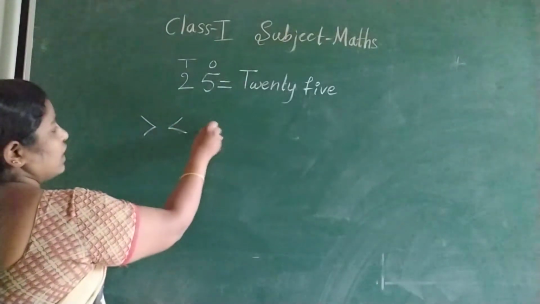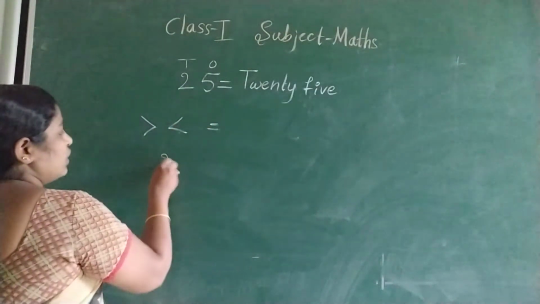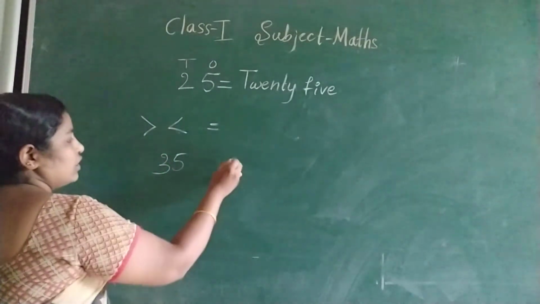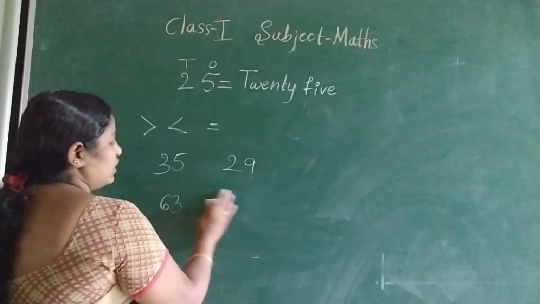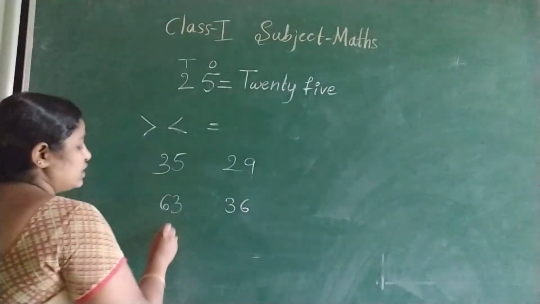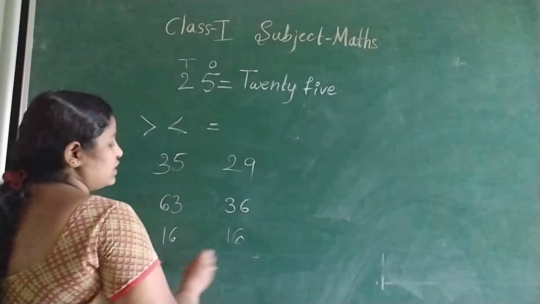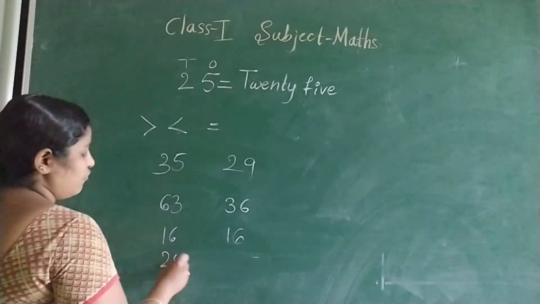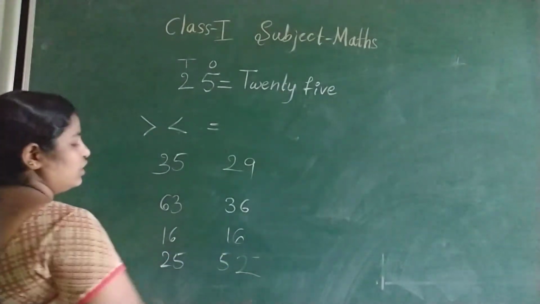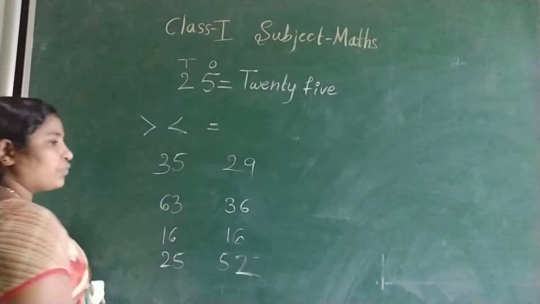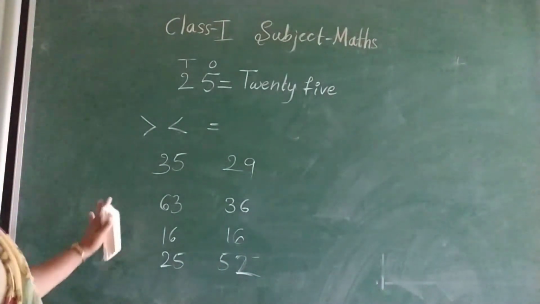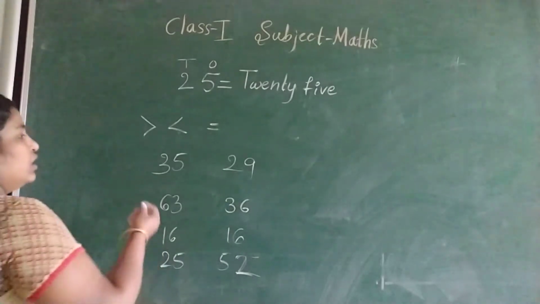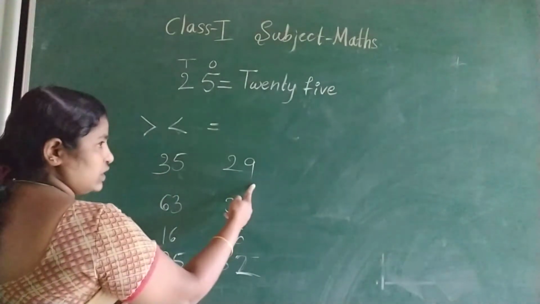Next we discussed greater than, less than and equal to signs. 35, 29; 63, 36; 16, 16; 25, 52. Now see this. You should compare the numbers. 2 digit, 2 digit.